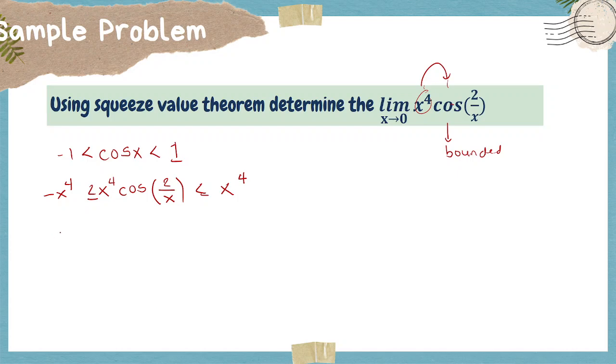Now, get the limit. As x approaches 0 of negative x raised to 4, and as x approaches 0 of x raised to 4, the answer is 0. Therefore, the limit of the function that is being bounded is also equal to 0.